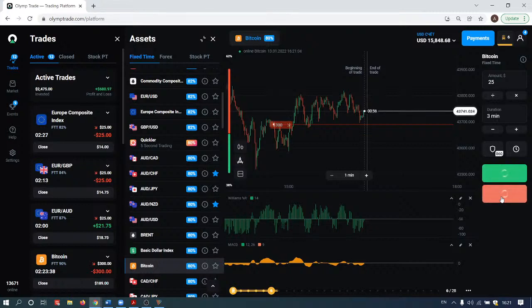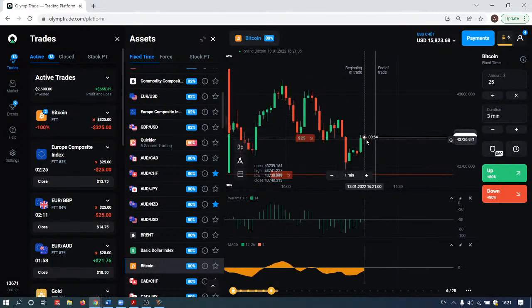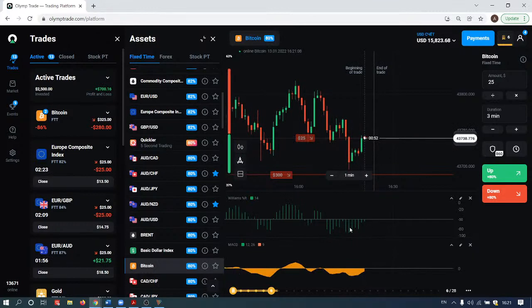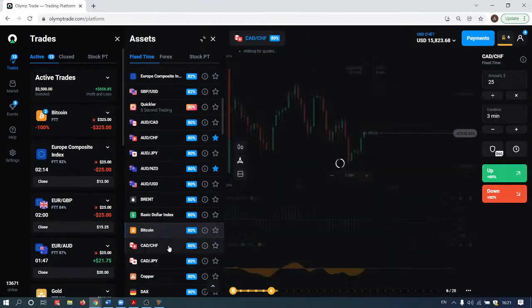All right, I'm going to try a trade on Bitcoin in the downwards direction. I got this signal from the Safari strategy. They both point in the downwards direction, and that's a signal for a down trade.